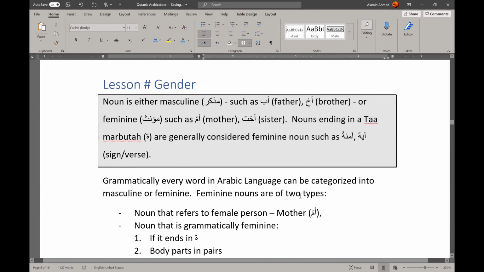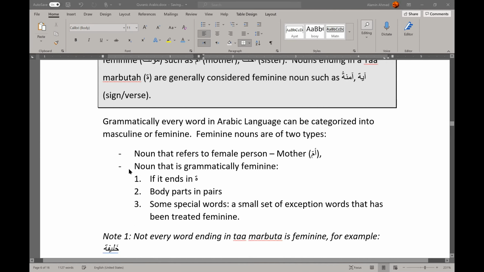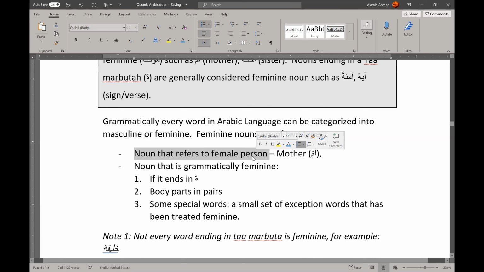Right now we're focusing on gender. Grammatically, every word in the Arabic language can be categorized into masculine and feminine, and there are two types of feminine. One is when it refers to a feminine person, meaning this is your haqiqi, an actual female person.